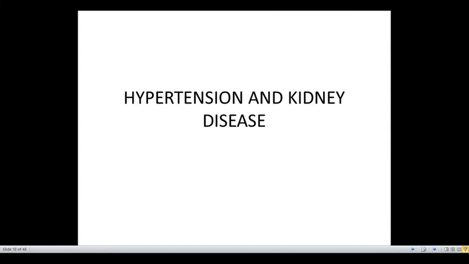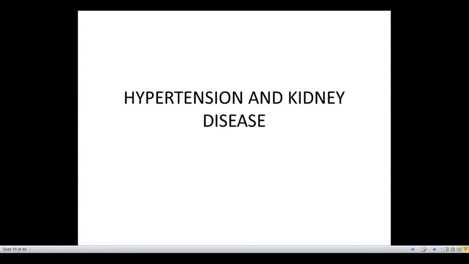Now let's study some of the aspects of hypertension and kidney disease. As we studied earlier, hypertension can cause injury to the glomeruli and blood vessels of kidneys.